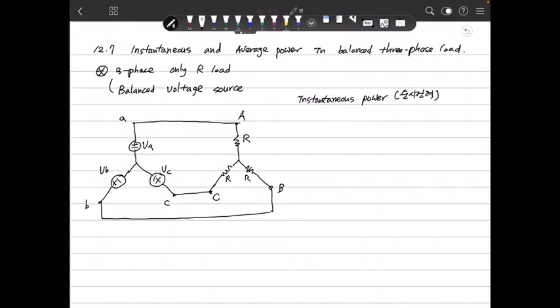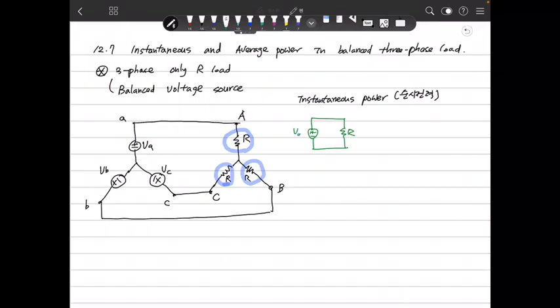Yes, I mean the A phase power is consumed by this resistor, and B phase is this resistor, and C phase is this resistor's consumed power. So what is the PA? PA, because this is balanced, we need to think about this circuit in this manner, right?